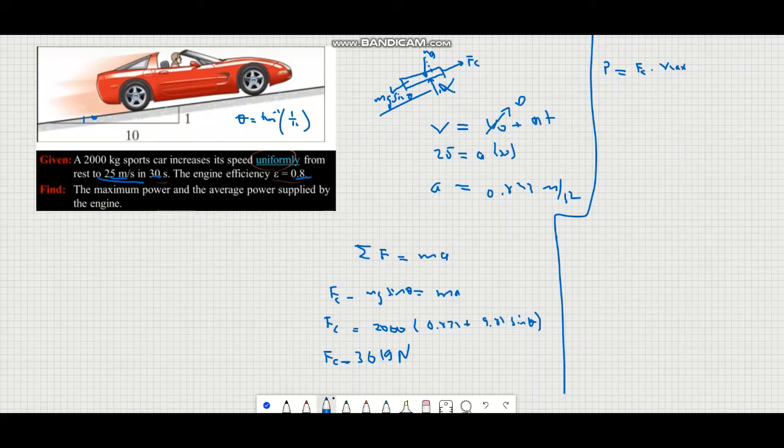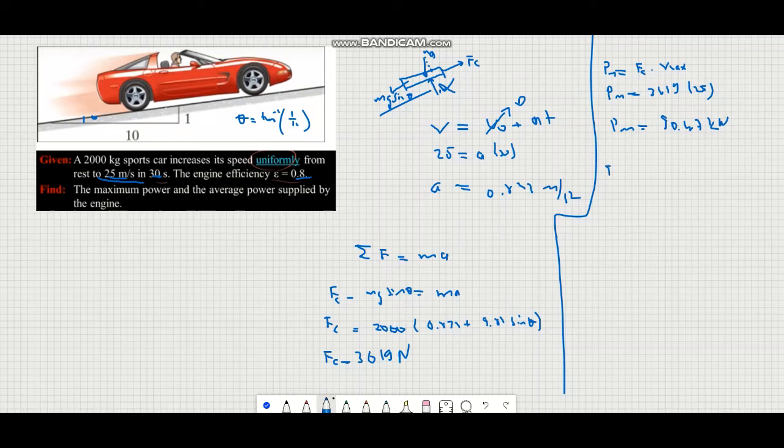So the force of the car is 3619, we know that the maximum velocity is 25 meter per second, so P max is gonna be 3619 multiplied by 25, which is 90.47 kilowatt. But with the efficiency, we need to plug it in.